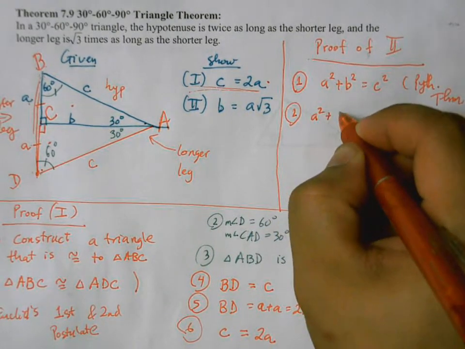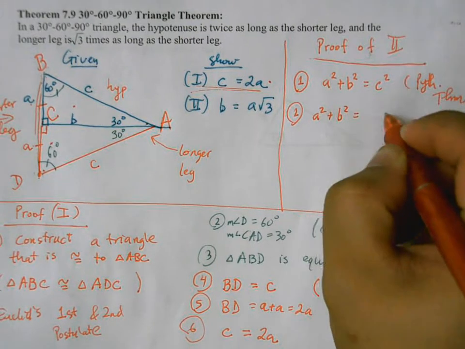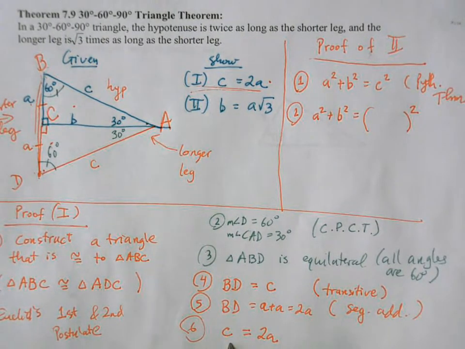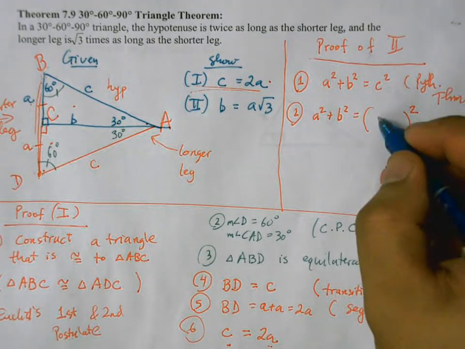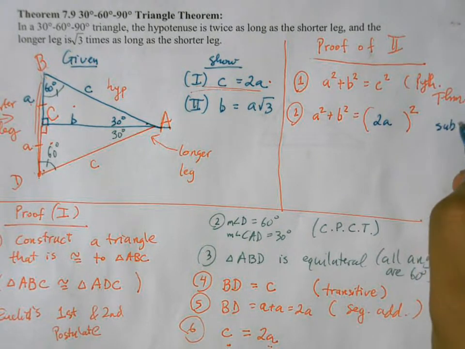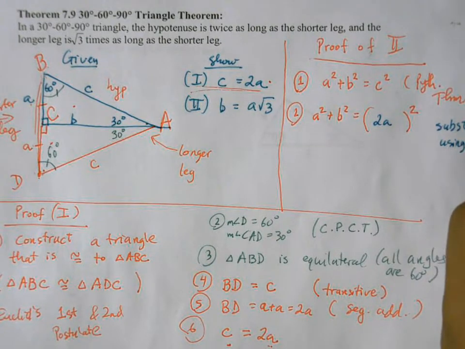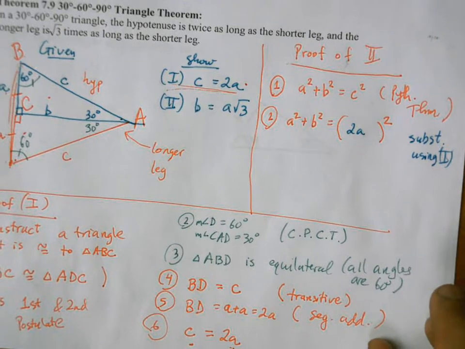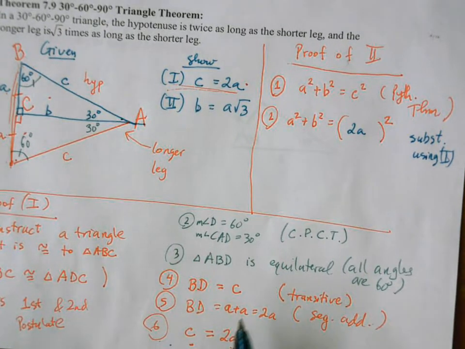The nice part is that in part 1, we found an expression connecting C to A. So instead of writing C, we can just substitute in 2A. This is the substitution property, using the result from part 1.